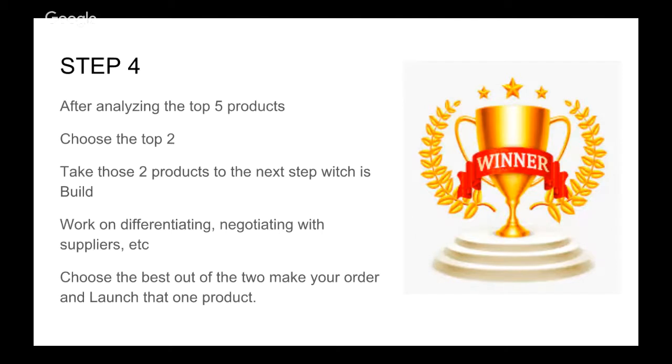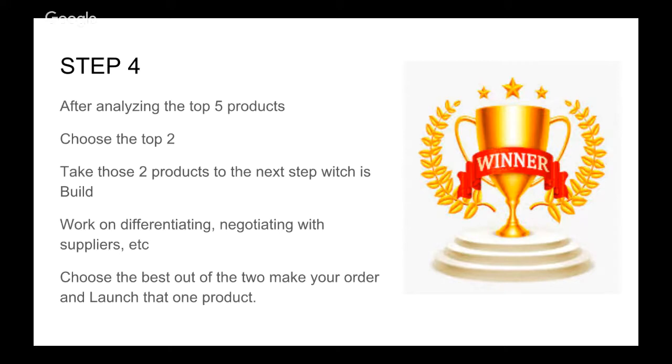So after I do all the negotiating and the differentiation and everything, then I choose the best out of those 2. I'm gonna make my order, and then go to the next steps, which are launching the product and creating a listing, and all the other steps that you're gonna get training on in the members area, for the launch strategy and all that.